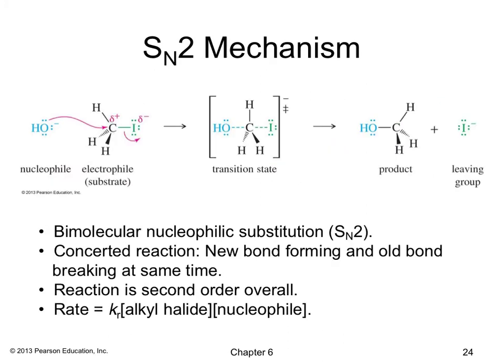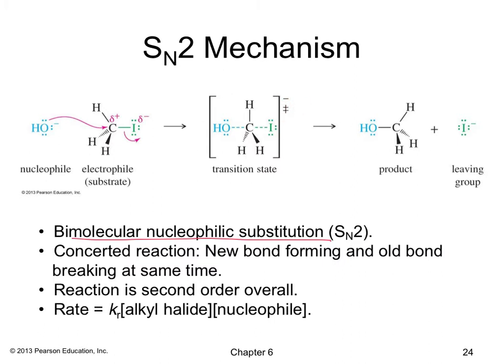So here's the SN2 mechanism. It's a bimolecular nucleophilic substitution. As you can see, you have the arrows, so the electrons from the oxygen of the hydroxide come and attack the central carbon right here, then kick off the iodide. In that whole process, there's this transition state.